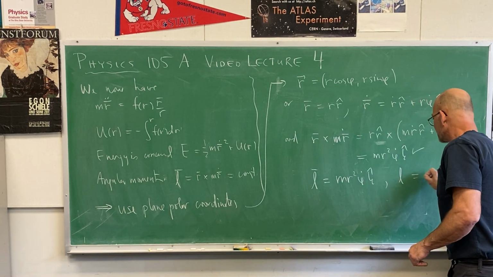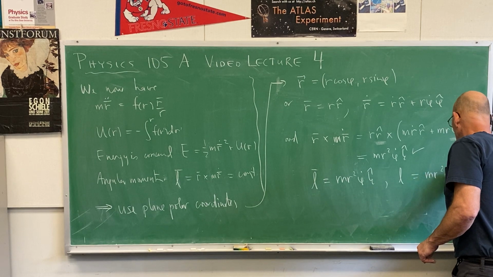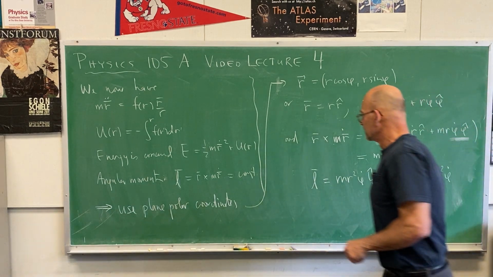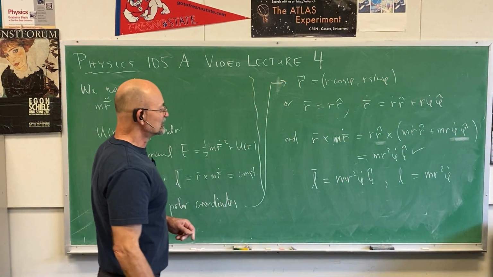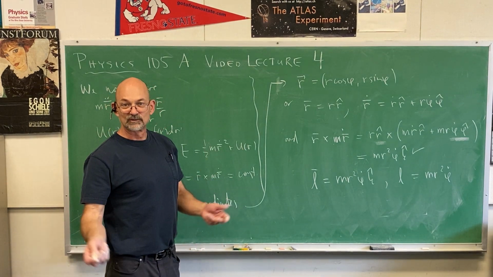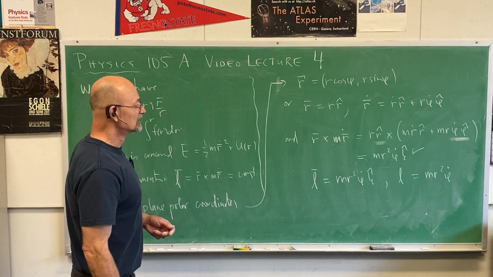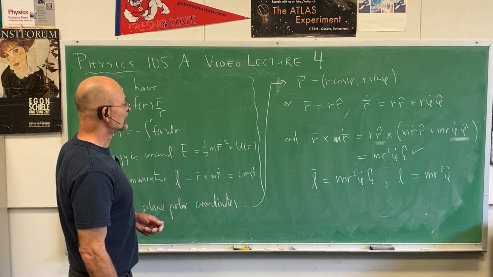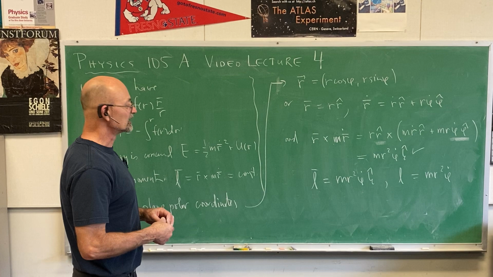L magnitude is equal to m r squared phi dot. Okay, you can erase your notes, but I can't erase this tape because I don't have any editing skills yet. It's just one take. All right, moving right along. We want to wrap things up shortly.